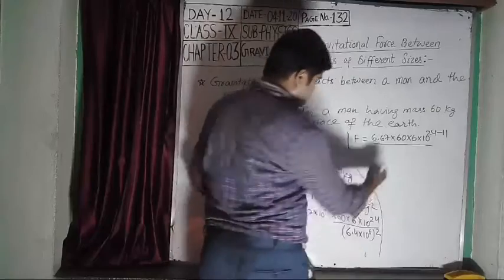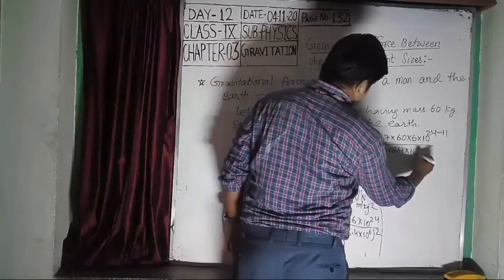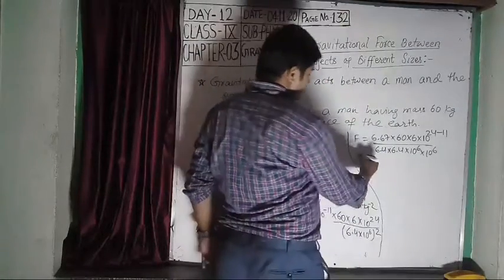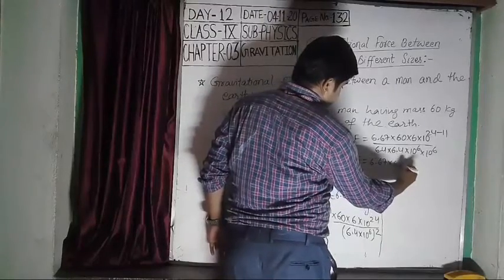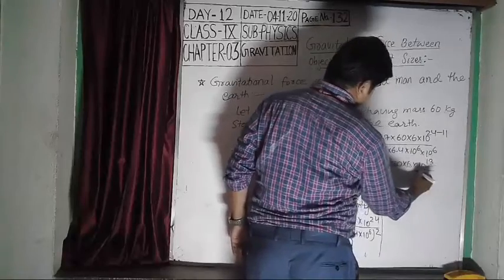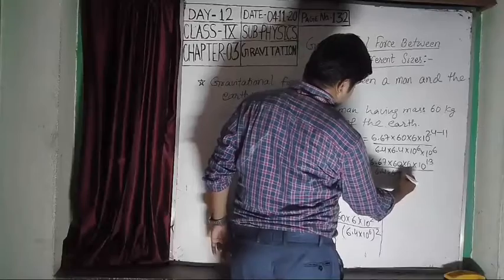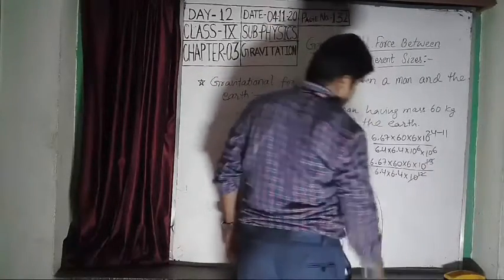Now 6.4 into 6.4 into 10 to the power 6 into 10 to the power 6. F is equal to 6.67 into 60 into 6 into 10 to the power 13 by 6.4 into 6.4 into 10 to the power 12. Now this becomes 10.